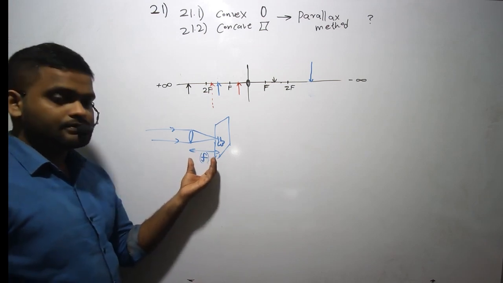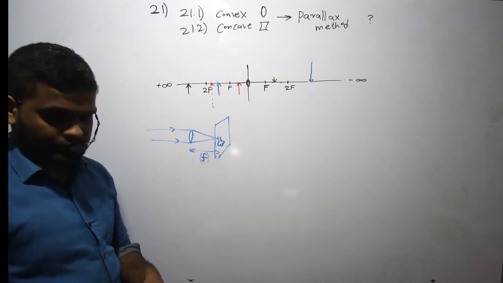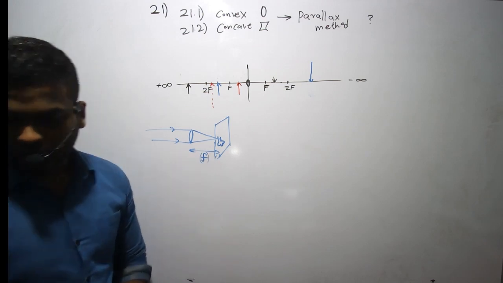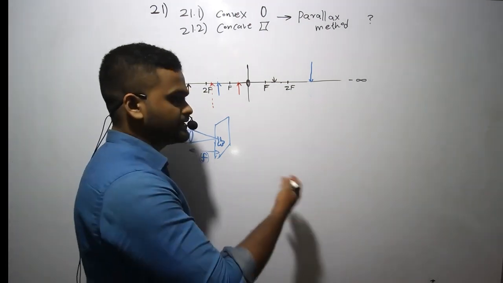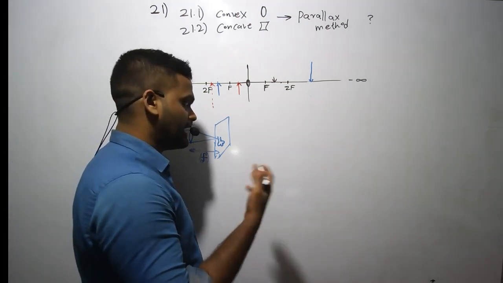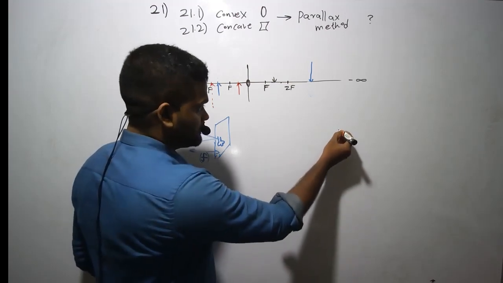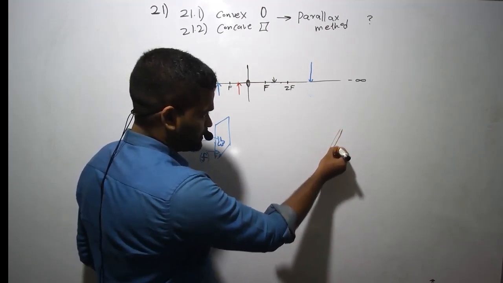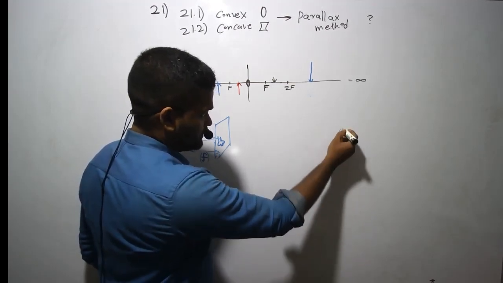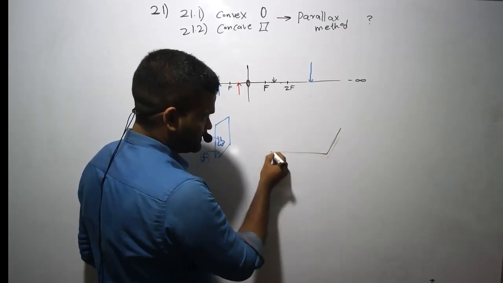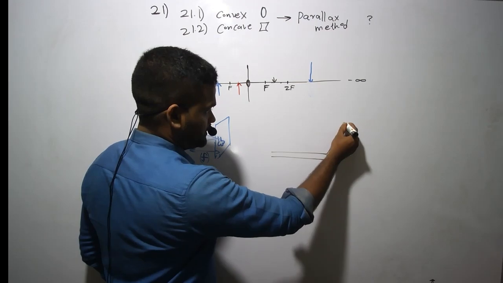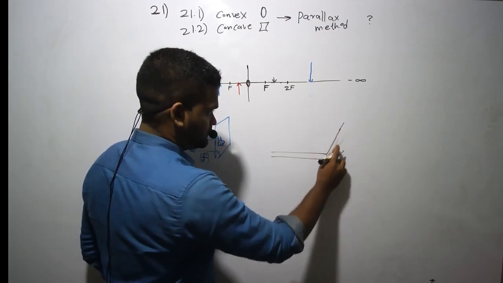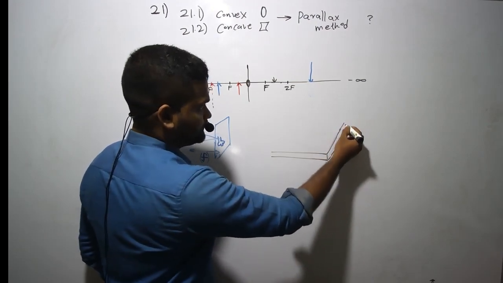So once you know this focal length, what do you do? You get, let's say, a table in the lab. So this is what you would draw. This is the surface of the table. I'm drawing a part of the table, right? These are the edges of the table.